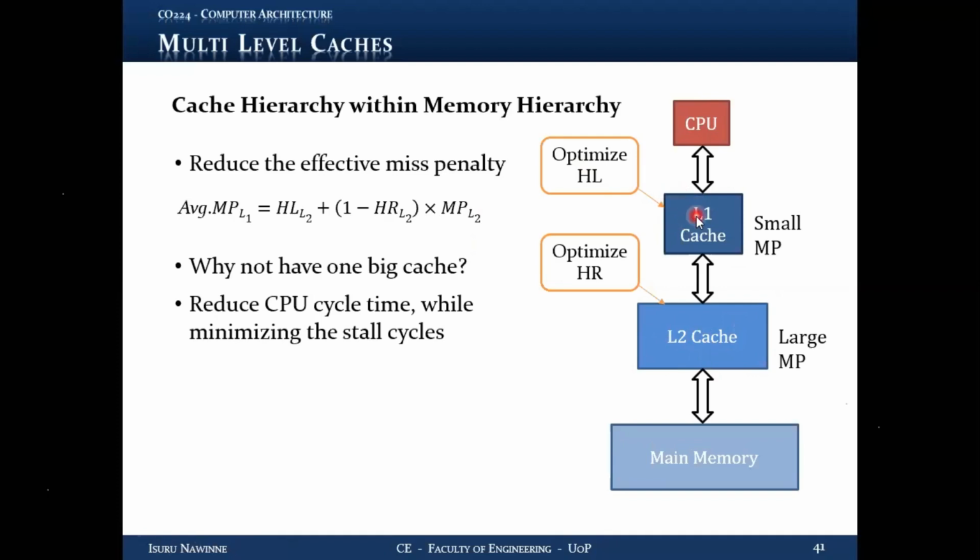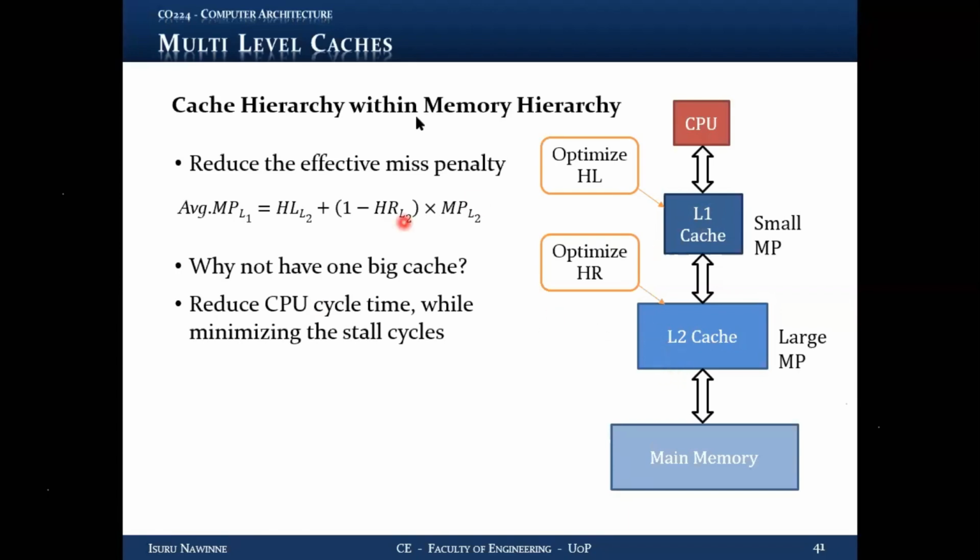So level 1 caches are likely to be direct mapped or maybe two-way set associative. They don't have higher degrees of associativity. Lower level caches or last level caches are likely to have higher degrees of associativity, like 4-way, 8-way, or even fully associative, depending on the situation.